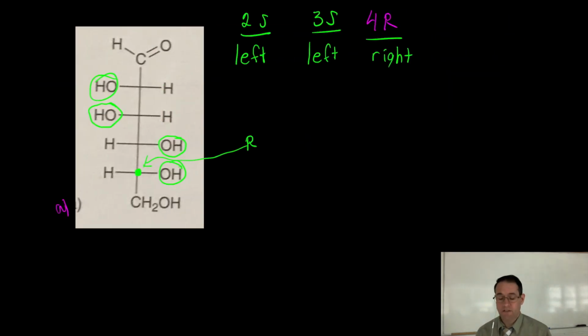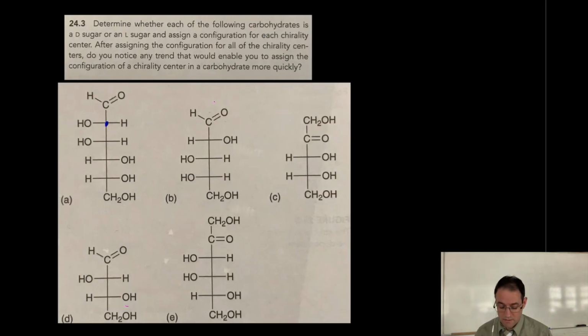And we'll go ahead and just label RS. So remember, S is on the left, R is on the right, okay? So this is S, this is S, this would be R, this would be R, okay? This OH is on the right, so it should be R, S, S, and so on, okay?